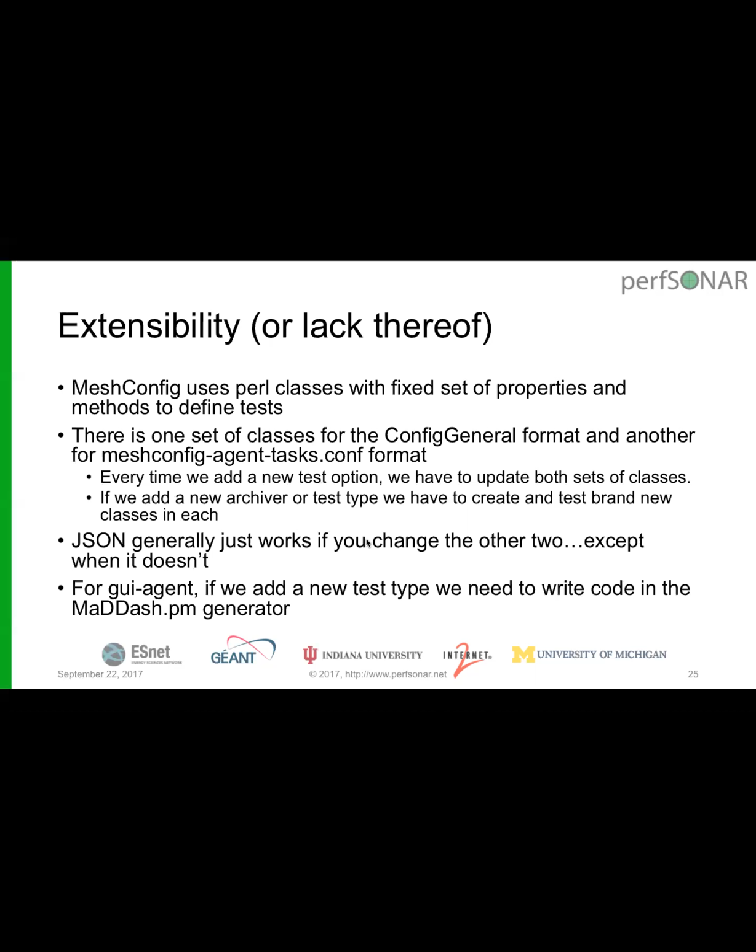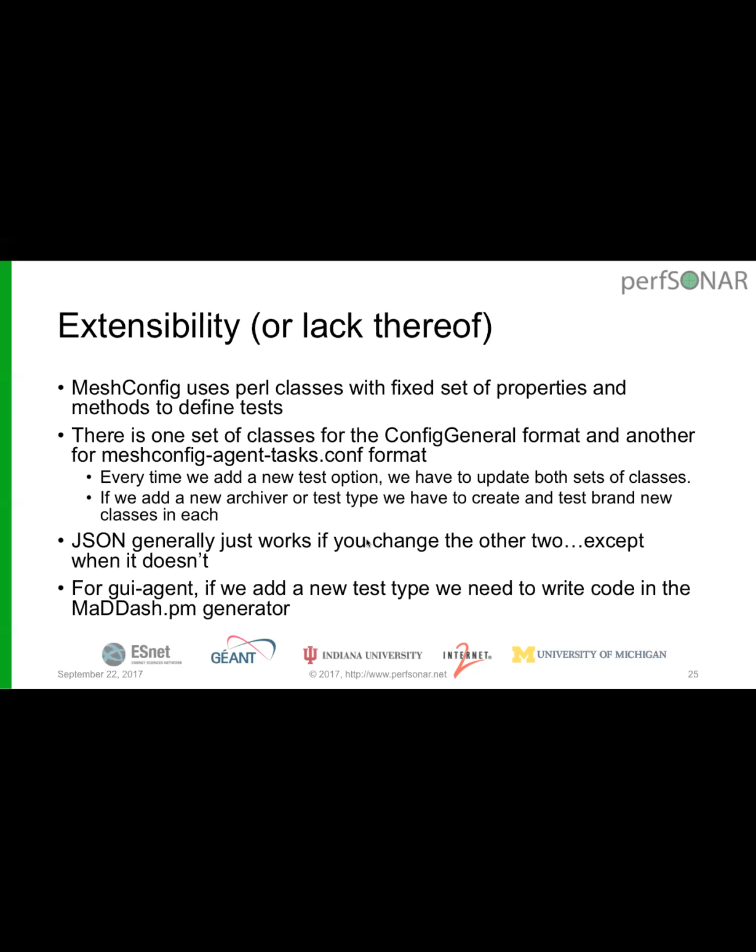You wouldn't have to write any code. Basically, all MaDDash is doing is executing a command that expects a certain output format, and based on that, it can color stuff red, green, yellow, or equivalent. So we have this thing in the middle that makes things not look as extensible as maybe the side pieces are.